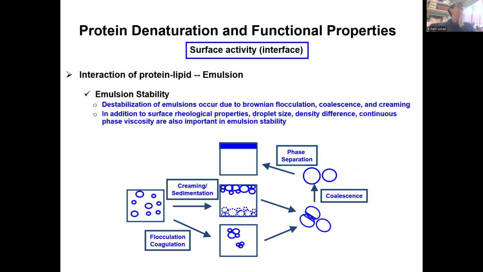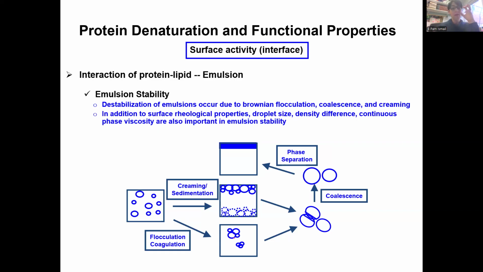So emulsion stability can be measured in terms of phase separation, and what leads to phase separation is changes in the droplet size over time. Here we illustrate what happens when you get fluctuation.